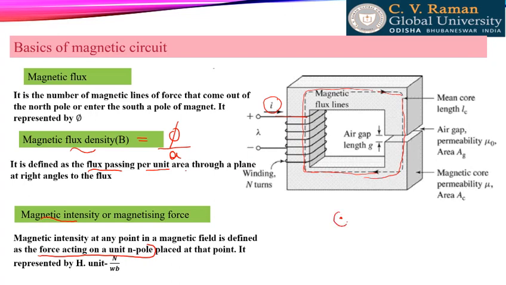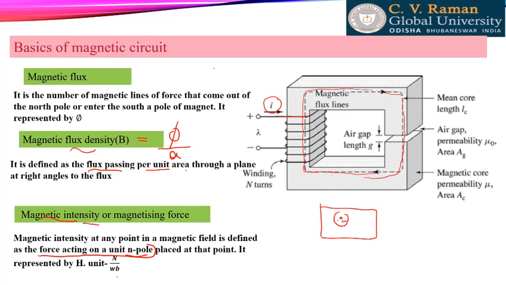If I place it in a magnetic field, how much force is exerted on it? How much force or effect you can feel on that unit pole is defined as the intensity of the field. If the intensity is more, you will experience more force on this pole. If the intensity is less, you will face less force on this unit north pole.